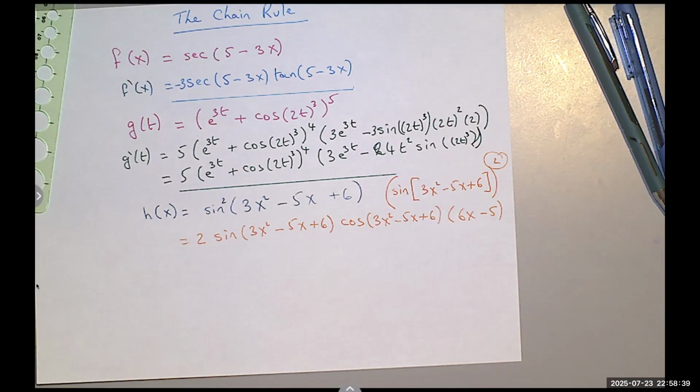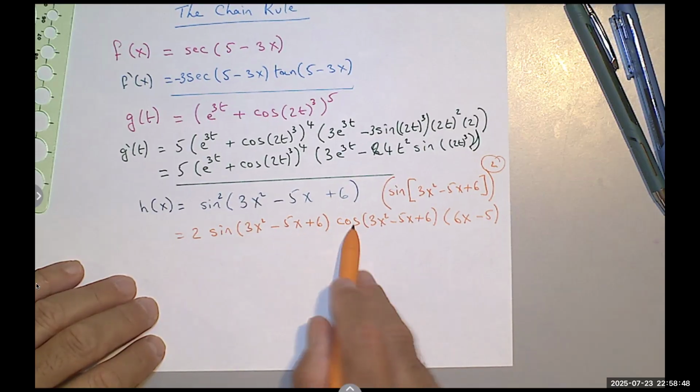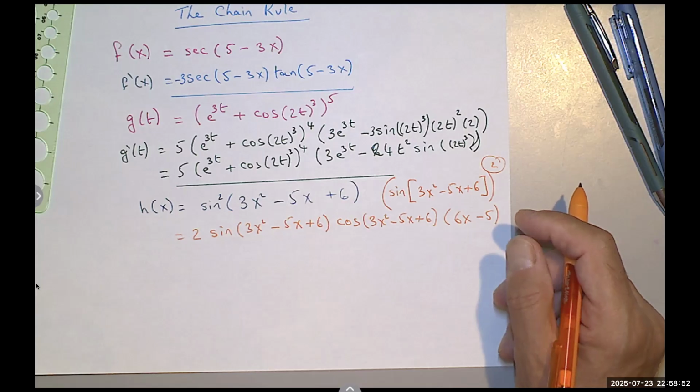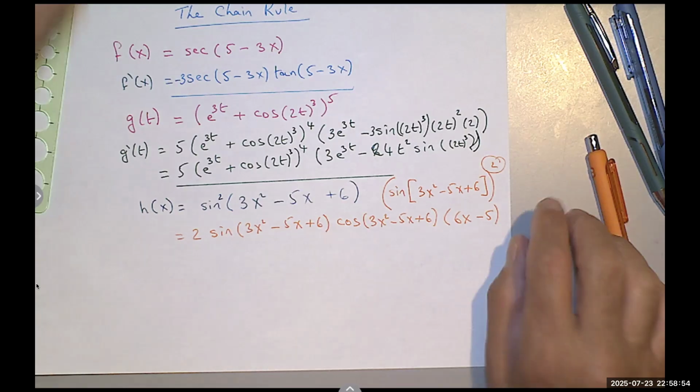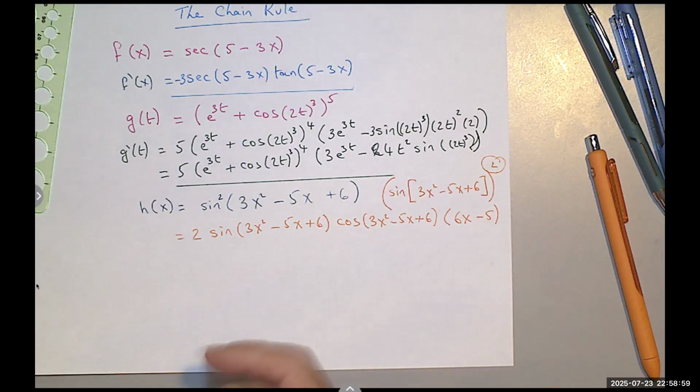Some people would say, oh, we learned in trig that 2 sine x cosine x is sine 2x. Yes, it is. So if you want, you don't have to. This answer is completely right. You will get full credit.